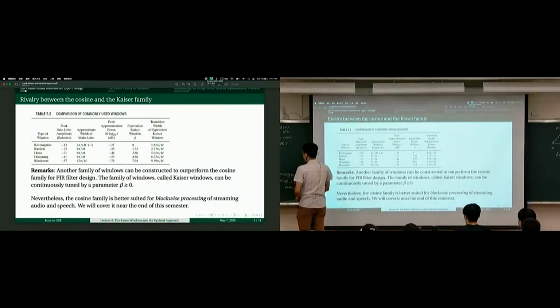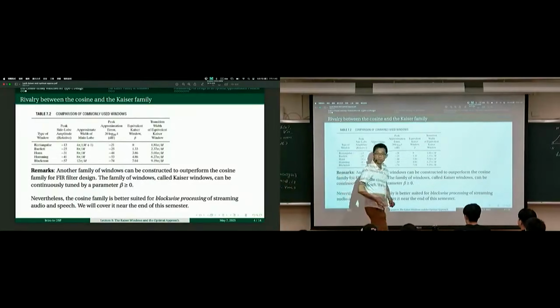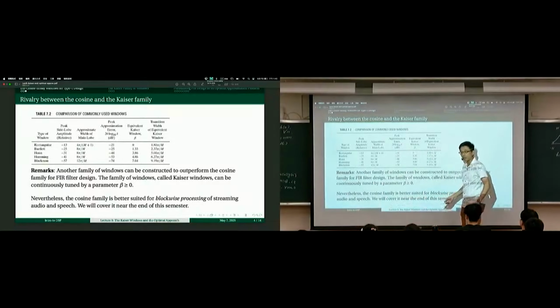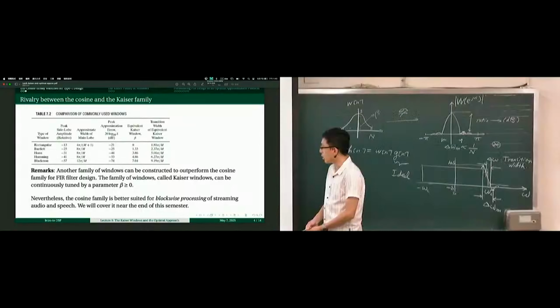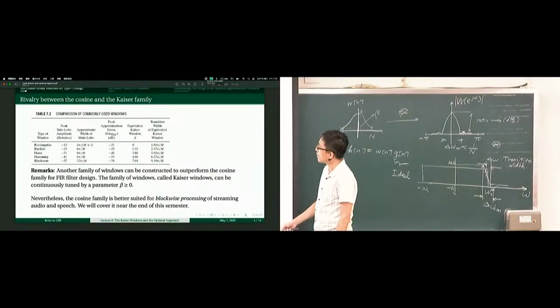So these two, the Hamming and Blackman, some people call them the cosine family. The reason is pretty obvious because the expression has cosine.